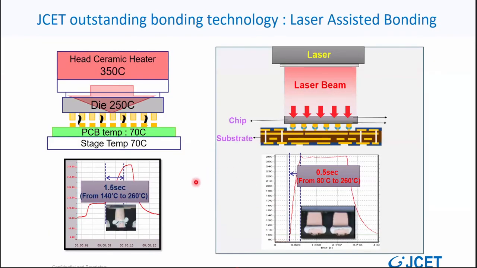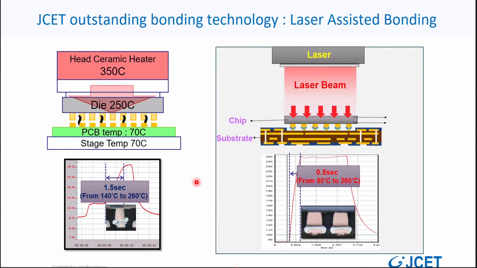And another application is the basic technology for interconnection. We actually use laser assisted bonding, which is important for, for example, coreless substrates or other substrates with higher warpage. As the fan-out package or 3D package size becomes bigger, the total warpage also becomes bigger.